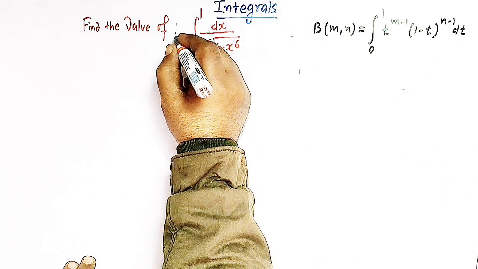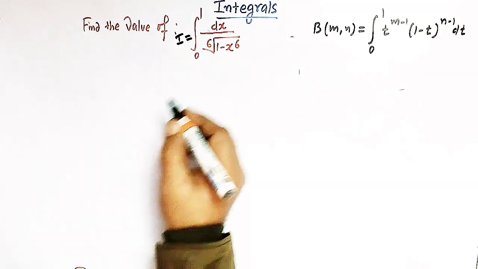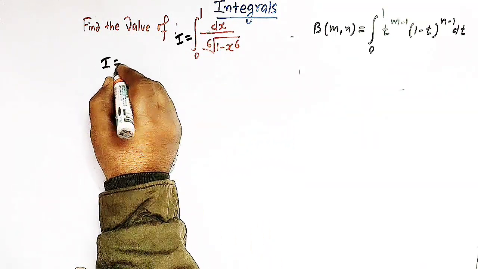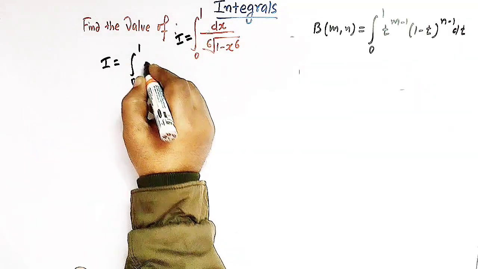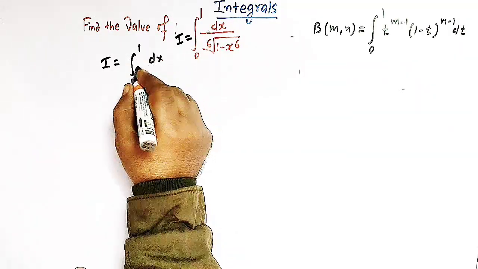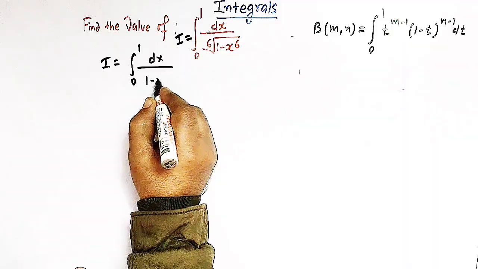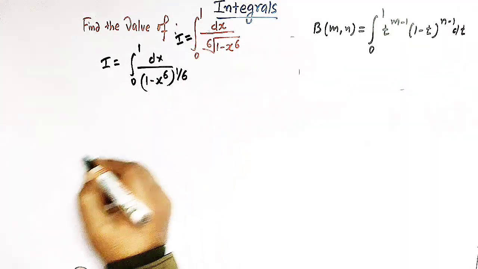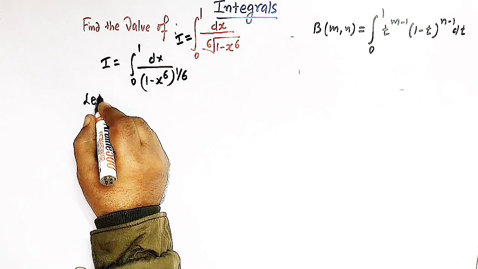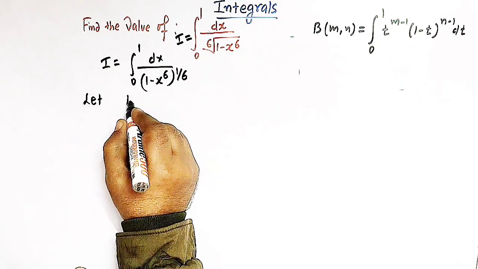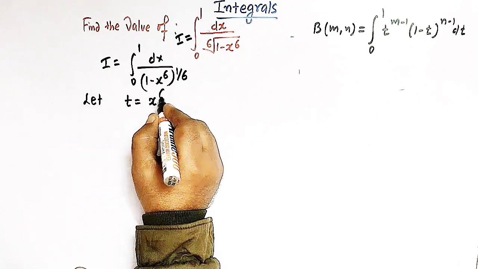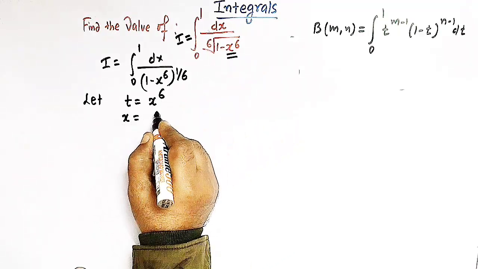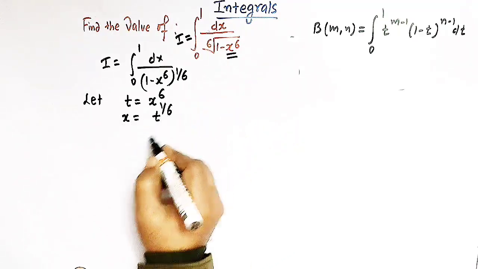So let us take this integral as I, and here we'll first write this integral I as 0 to 1 of dx divided by 1 minus x raised to 6, raised to 1 over 6. Let us make this substitution, that is t is equal to x raised to 6, so that we can write x is equal to t raised to 1 over 6.